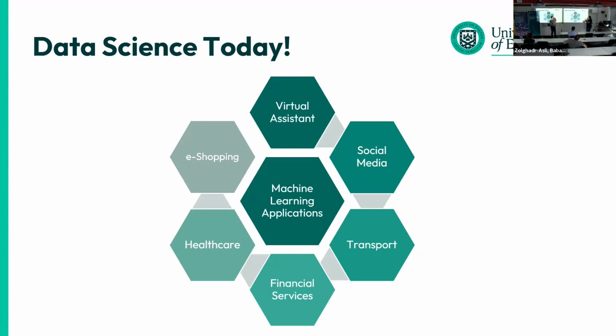The main applications of machine learning and artificial intelligence are in these categories, which I listed when I was preparing this presentation. The first thing: virtual assistant, social media, transportation, financial services, healthcare, online shopping. But how?